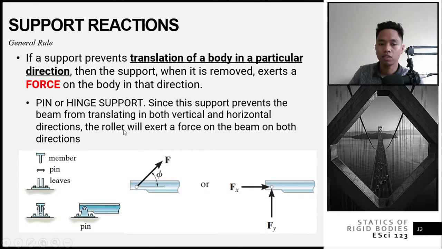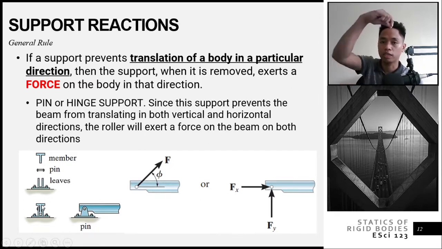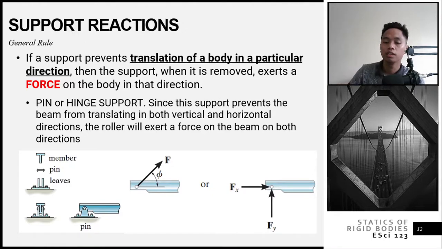Next is pin or hinge support. I guess kailan mo siguro ta og pin kanang sa atong mga bisagra, alright. Daghan tay nakit-an ni nga pin or hinge support. For example, this is your leaves pin. So ang iyang itsura karon is ngari, matuyok-tuyok na siya. Okay, imo na siya matuyok-tuyok dito.